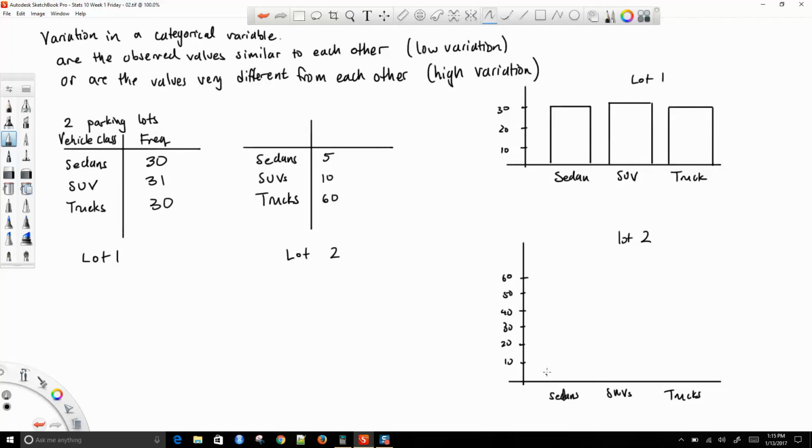Sedans, there's only 5 of them. SUVs, we've got 10 of them. And then trucks, we've got 60. If we were using clickers, I would turn this into a clicker question, but we're not going to do that today. Which lot has more variation in the vehicles that we see?